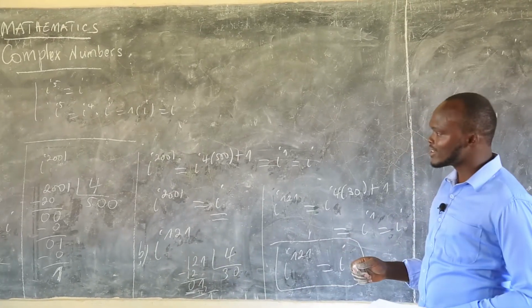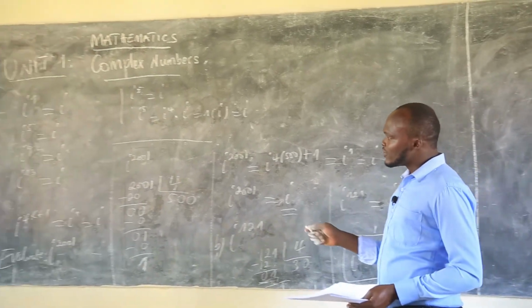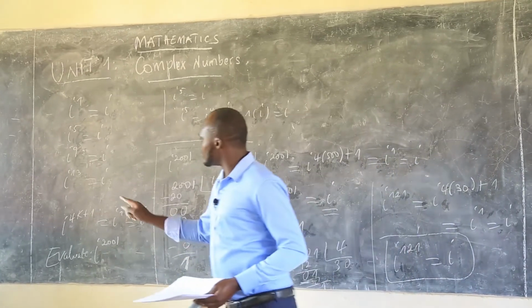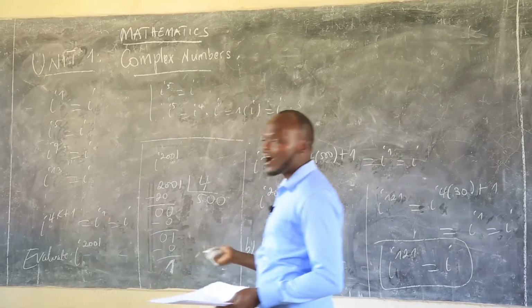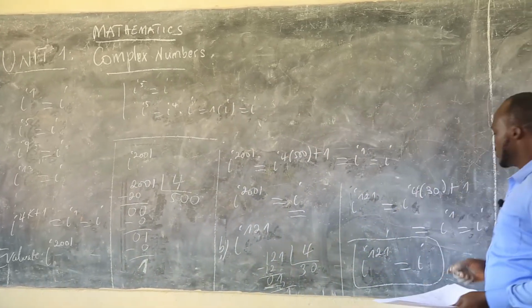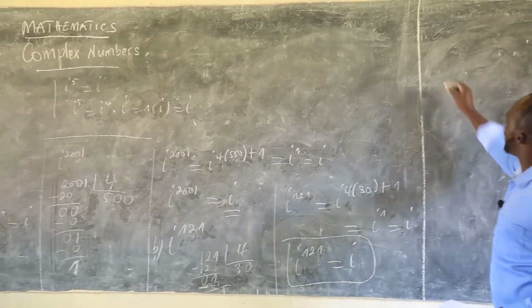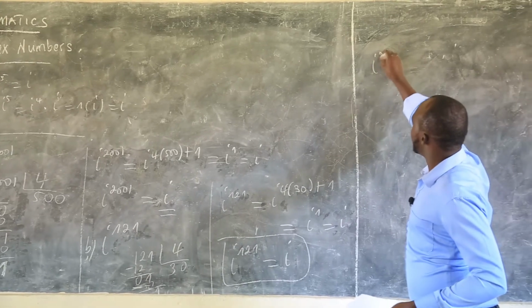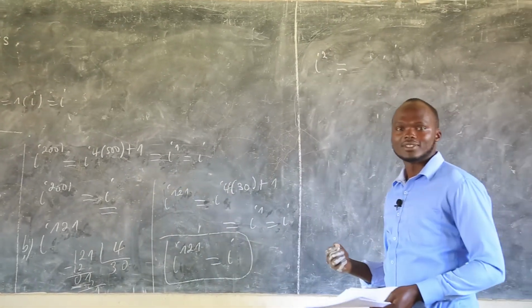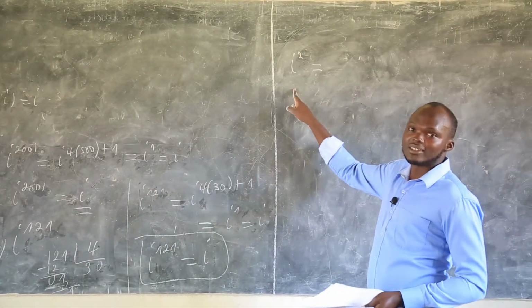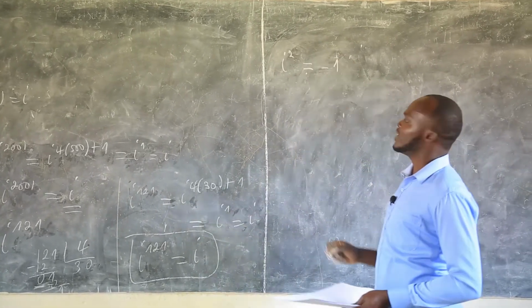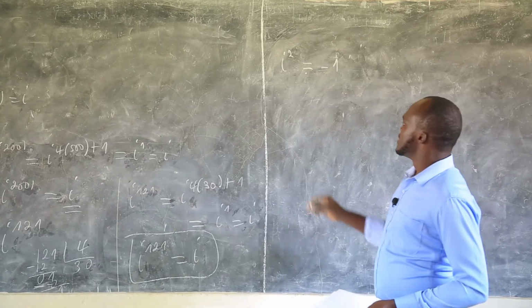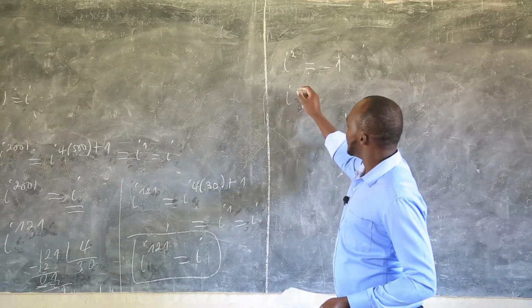So now you can ask, what if the power is not 1? Or what if the power is not 0? For example, if the power is 2, what will be i^2? You remember from the beginning, we have seen that i^2 is negative 1. So what will be i^6 when we add 4?